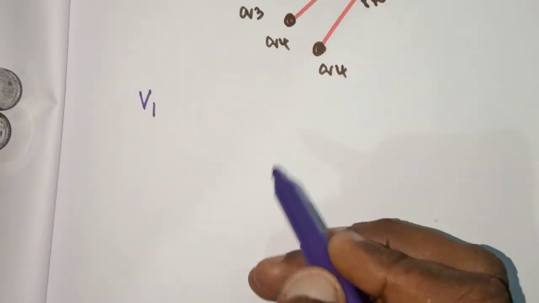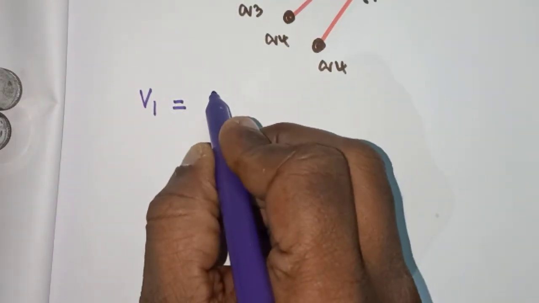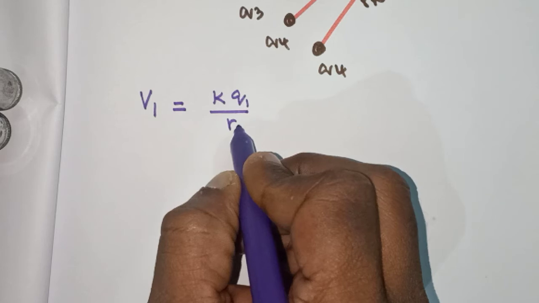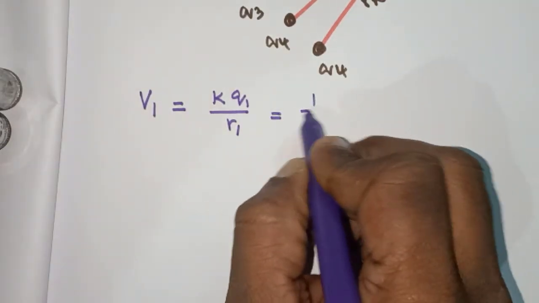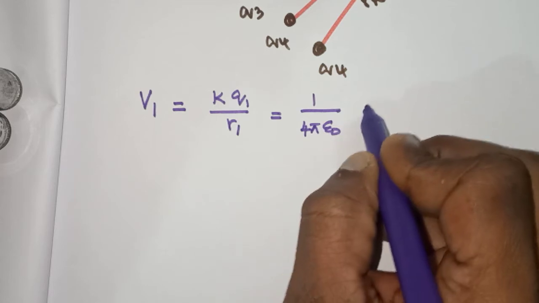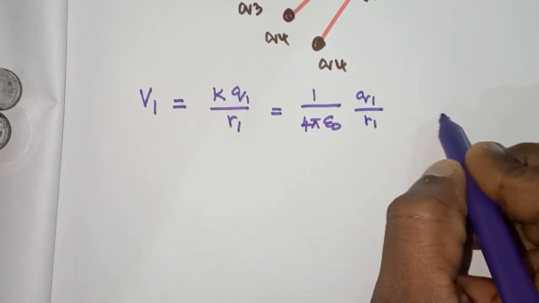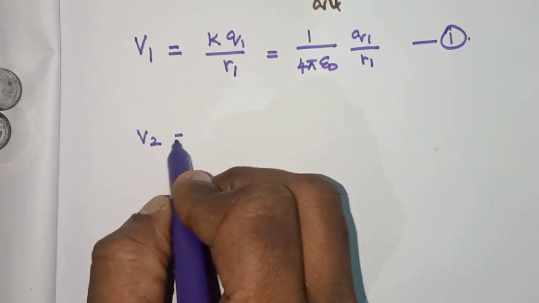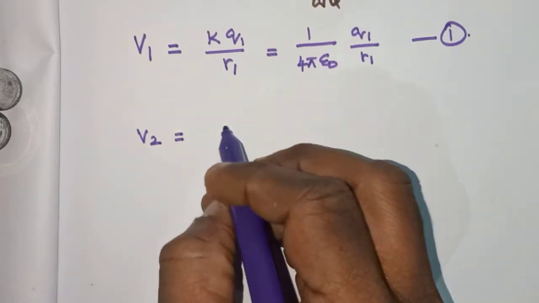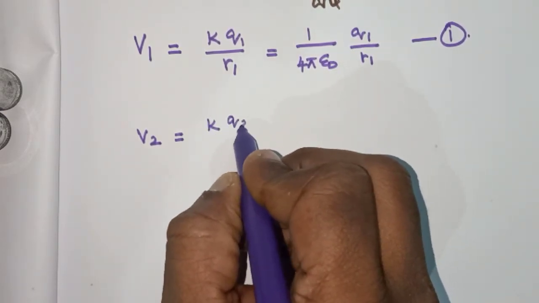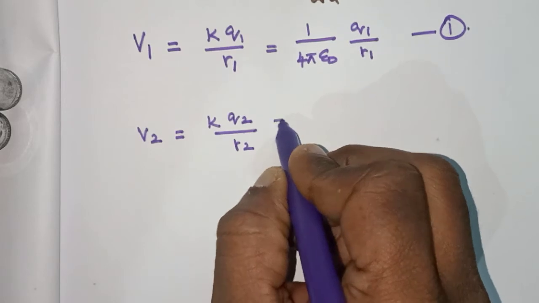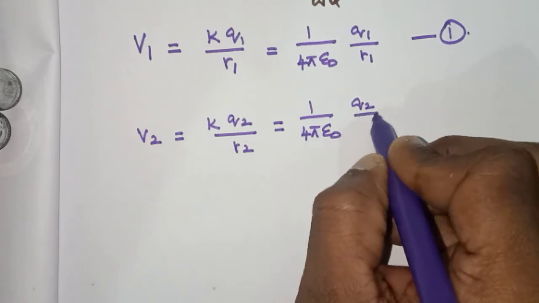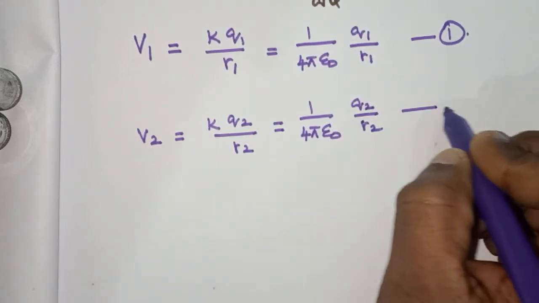So V1 is equal to K Q1 by R1, that is 1 by 4 pi epsilon naught Q1 by R1. Next, V2 is the potential at point P due to Q2. Therefore, K Q2 by R2, that is 1 by 4 pi epsilon naught Q2 by R2.